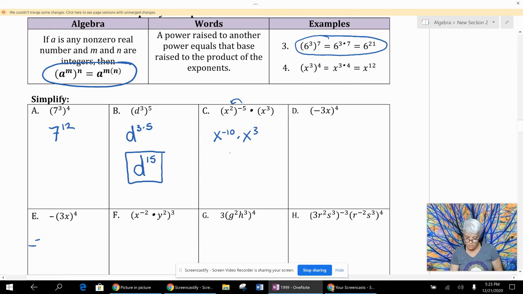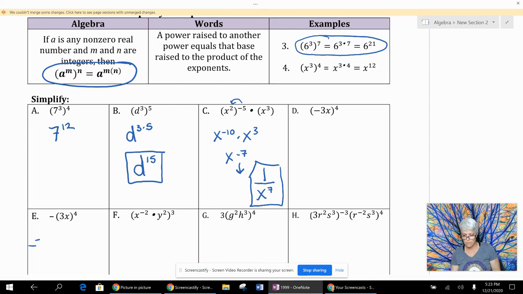So this becomes x to the power of negative 7, which brings us back to the rule we learned yesterday, where we push this down, and it becomes 1 over x to the power of 7. Isn't this fun? Are you having fun? It actually isn't that bad once you get in the habit of it. And especially you can look at your formula chart anytime.